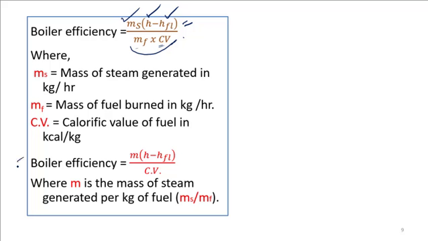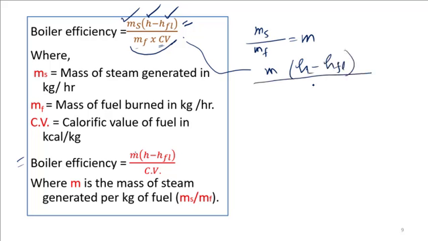So boiler efficiency is, because ms divided by mf is equal to m, this quantity becomes m (h minus hfl) divided by CV, calorific value. So this is the relation for thermal efficiency or boiler efficiency.